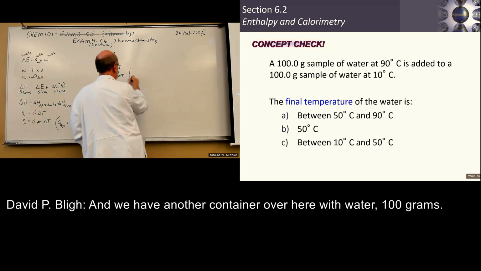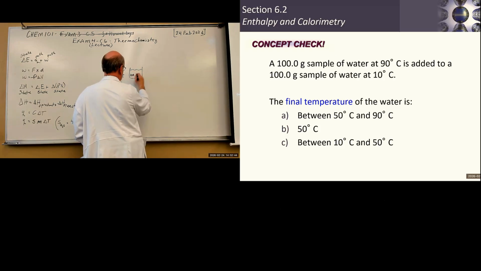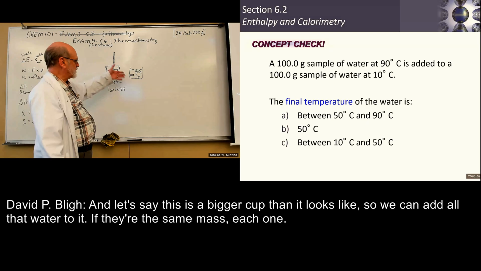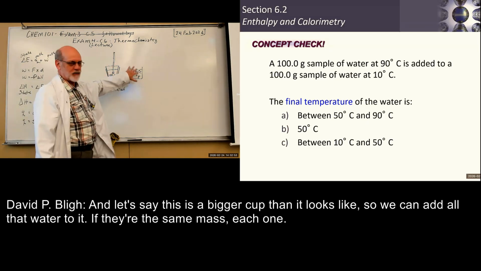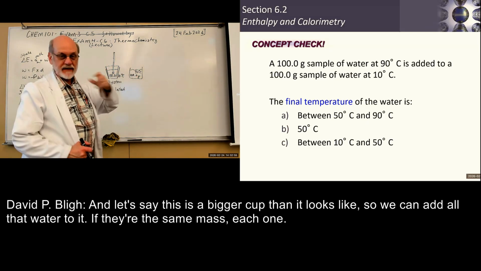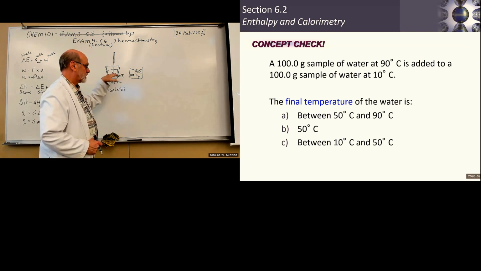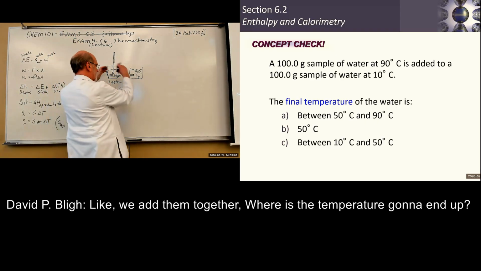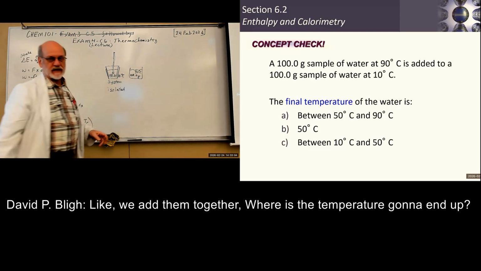And we have another container over here with 100 grams of water at 90 degrees. And let's say this is a bigger cup than it looks like, so we can add all that water to it. If they're the same mass, and we add them together, where is the temperature going to end up?